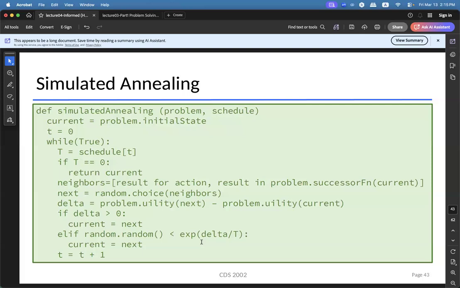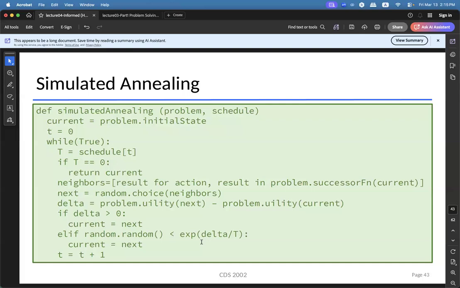So here in computer science, data science, we follow this idea. In simulated annealing, each time when we are trying to get to a next state, we intentionally introduce some bad move.